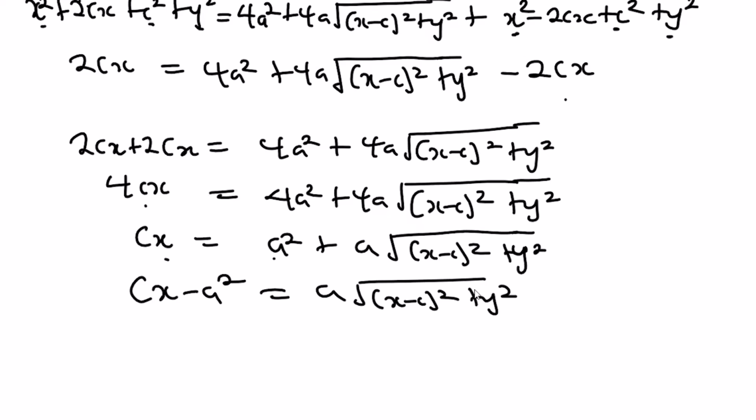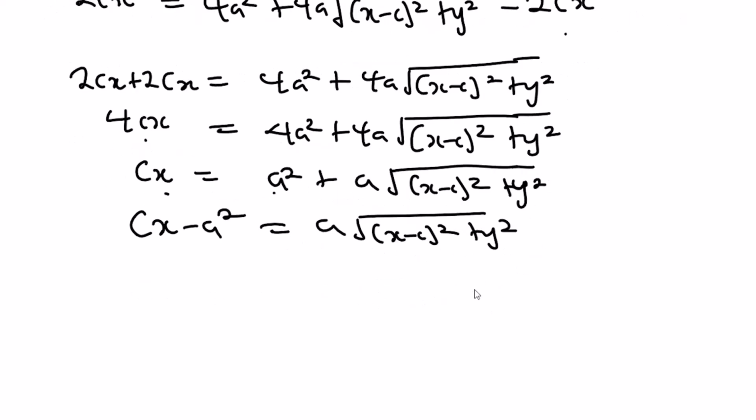Now we still have our square root in there, so we want to get rid of it. We will square both sides again. So I'm going to square this side and this side too. So what happens here?